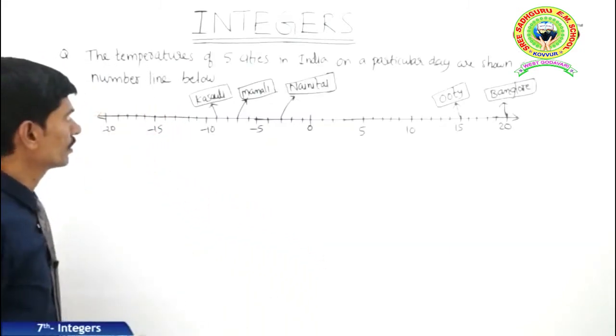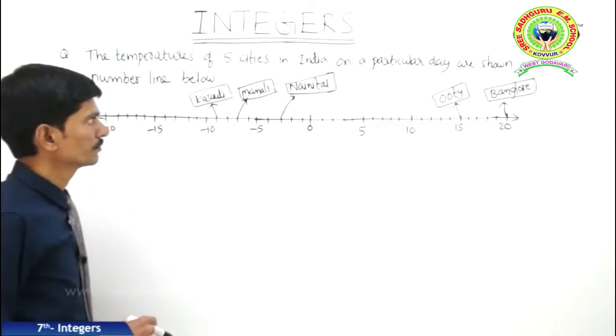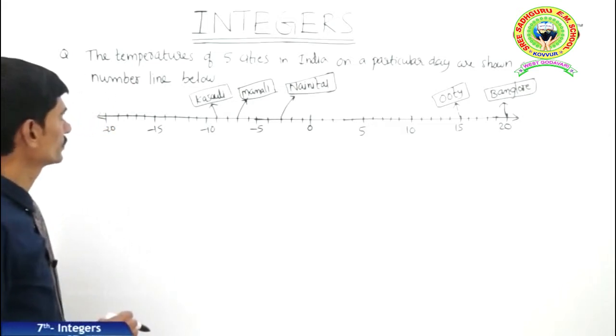The temperatures of 5 cities in India on a particular day are shown on the number line below.